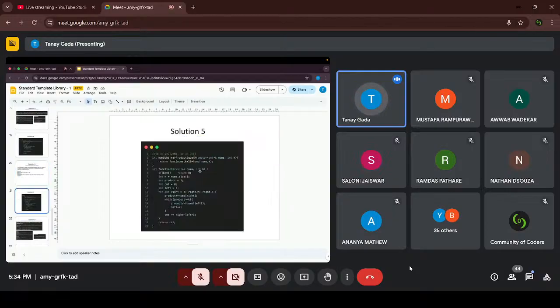So this is the solution for it. This is the same function which we used in the previous question. We are just calling this function on nums with the parameters k plus 1 and k, and subtracting.